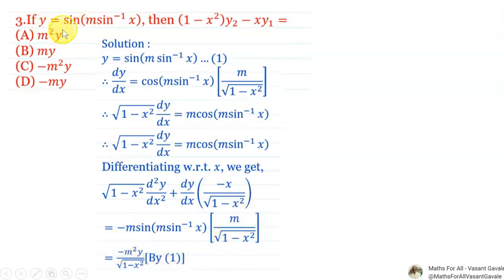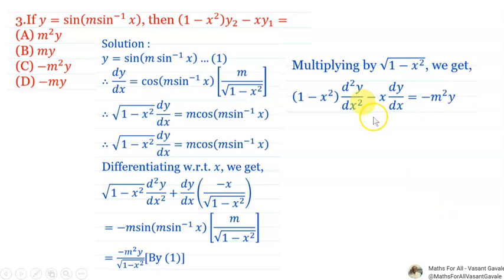But what is the value of y? Y is sine of in bracket m sine inverse of x, and hence you will get here minus m square and this is y upon root of 1 minus x square. Okay. Now multiply this expression both sides by root of 1 minus x square. Then you will get here the root of 1 minus x square into dy by dx. Okay, again we multiplied it by the root. Then you will get here 1 minus x square into d2y by dx square.